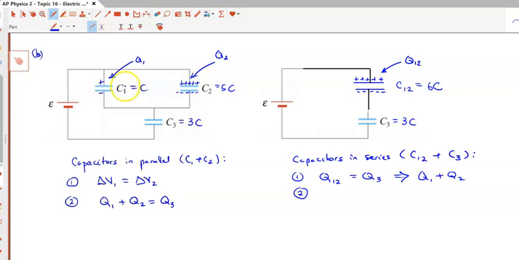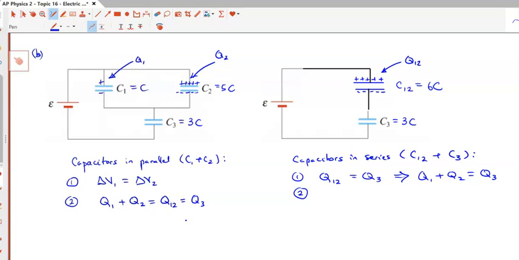So charge 1 and 2 would be equal to, oops, actually, no, that's right. That's the same as charge 1,2 combined, right? But then in the end, that's also equal to charge 3, because we know that they're in series with each other. So replacing 1 and 2 with 1 plus 2 would be equal to the charge of 3. So kind of like what I'm writing over here on the other side.